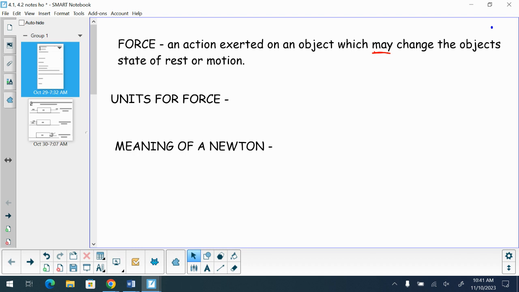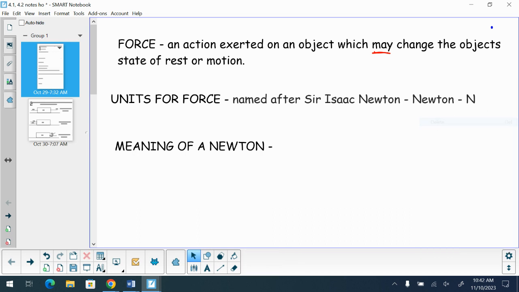Start talking about Pythagoras, or talking about the forces that we'll talk about today. Or you can start talking to them about inertia, which we'll talk about in a little bit. Or one could be going over top of the other. So that's the idea of force. You may or may not change a state of motion.